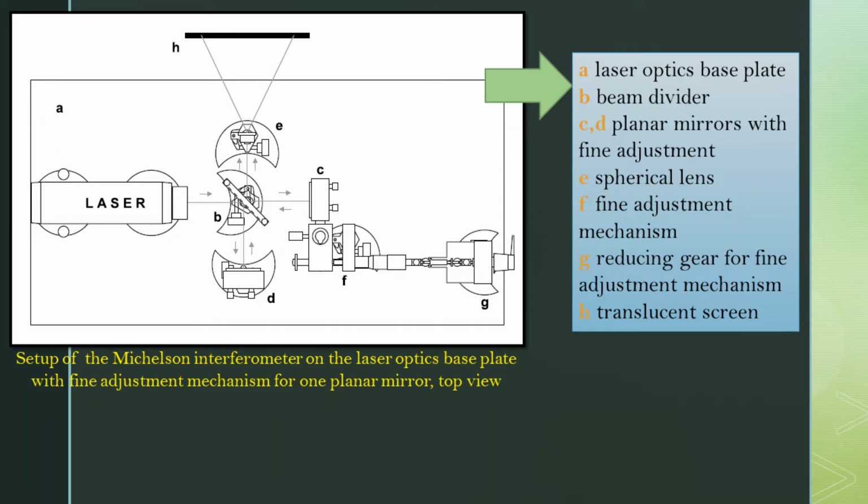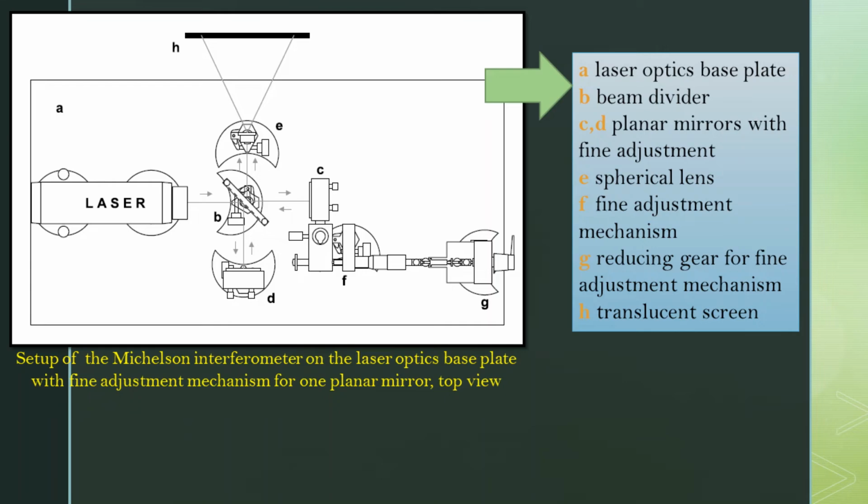So in the spherical lens, the beams will be collected. The beam reflected from mirror D and transmitted through the beam divider, and the beam reflected from mirror C and then reflected by the beam divider, will get interfered.